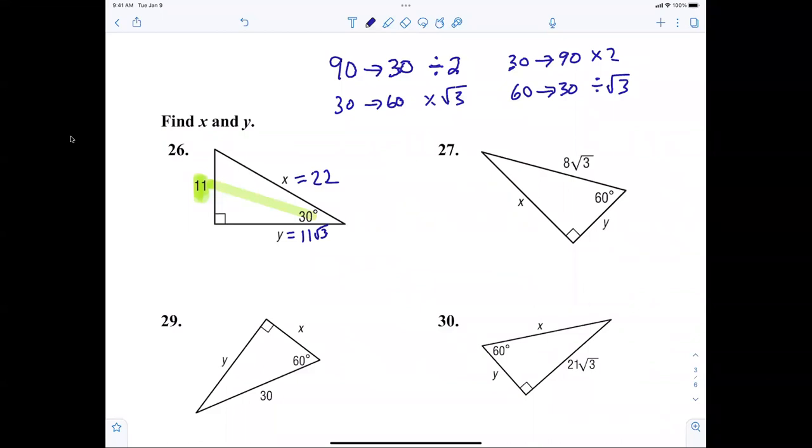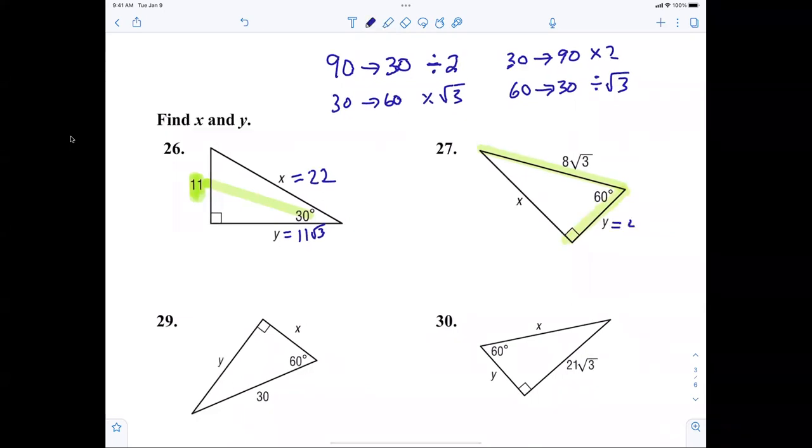All right. Now, 8 radical 3 for number 27 is the hypotenuse. So what is y? Dividing by 2, 4 radical 3. Now, how do I get from the 30 to the 60?